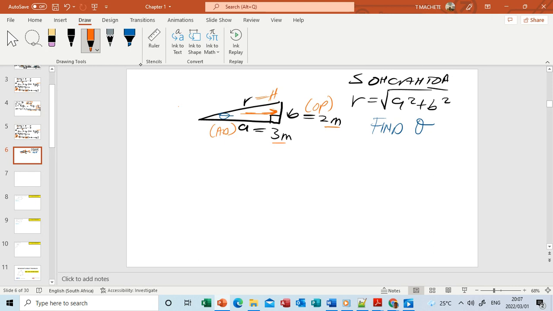You check using the angle. The angle will tell you that if that one is opposite, the other one must be adjacent because the hypotenuse is always opposite to 90 degrees. Do you get that part, guys? Yes, sir. Okay, sharp. So let's move.